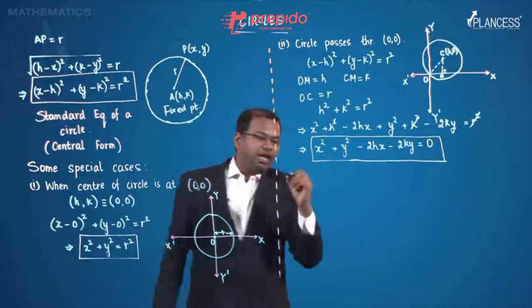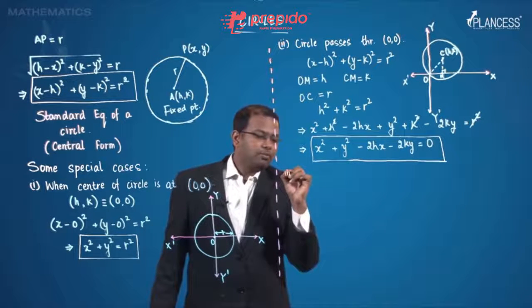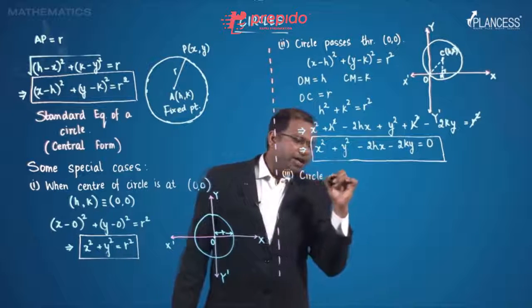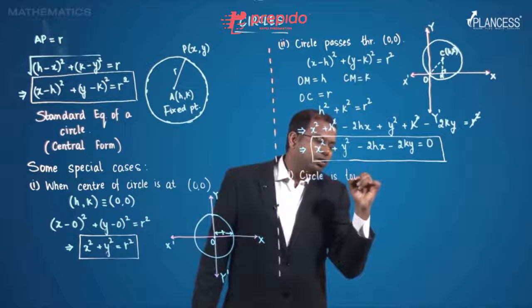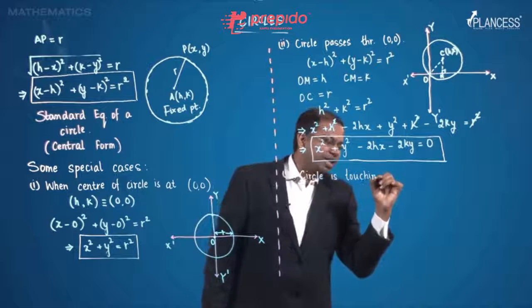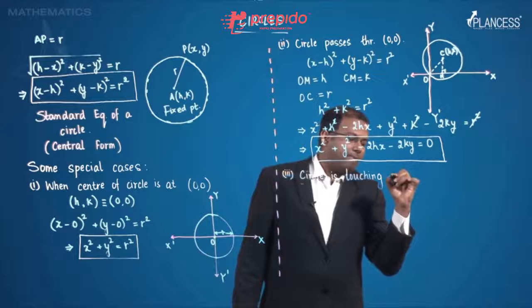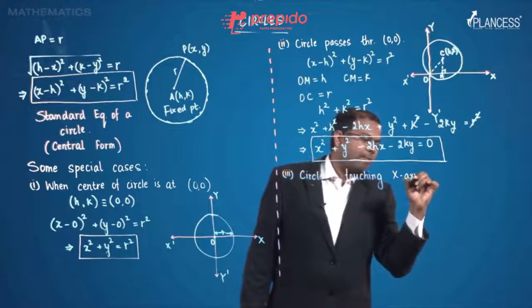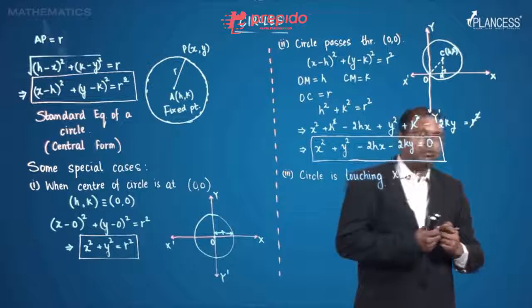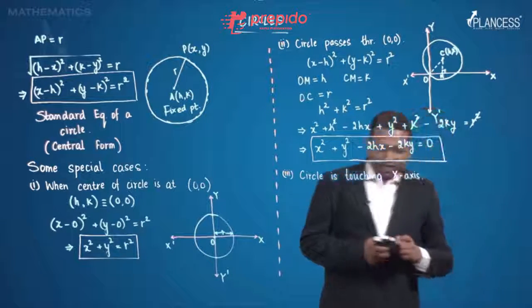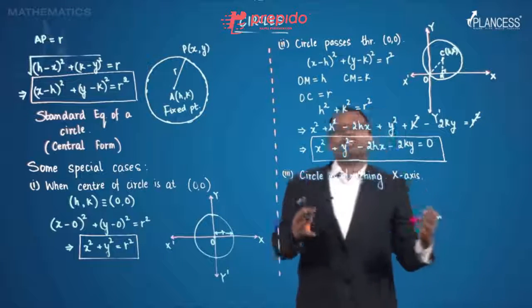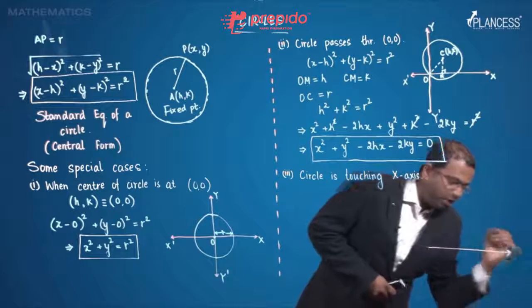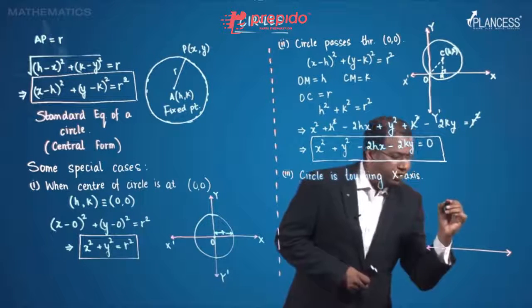The third case is when the circle is touching the x-axis. So first let us see how the diagram in this case looks like. Here is our axis of x.